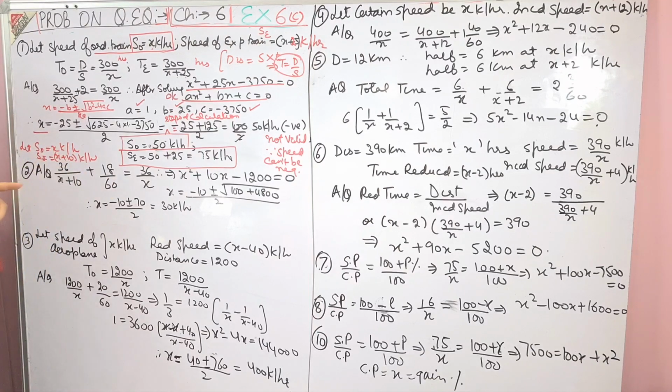He says the total distance is 36 km. So for the original speed, time is 36 upon x. For the increased speed, time is 36 upon x plus 10 hours.